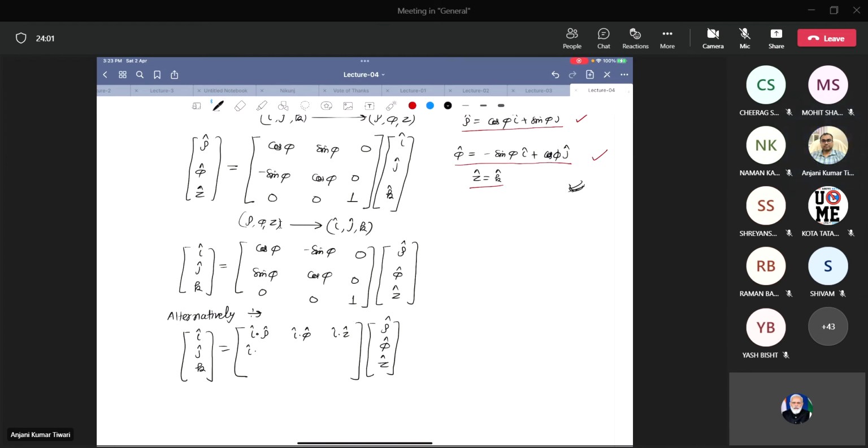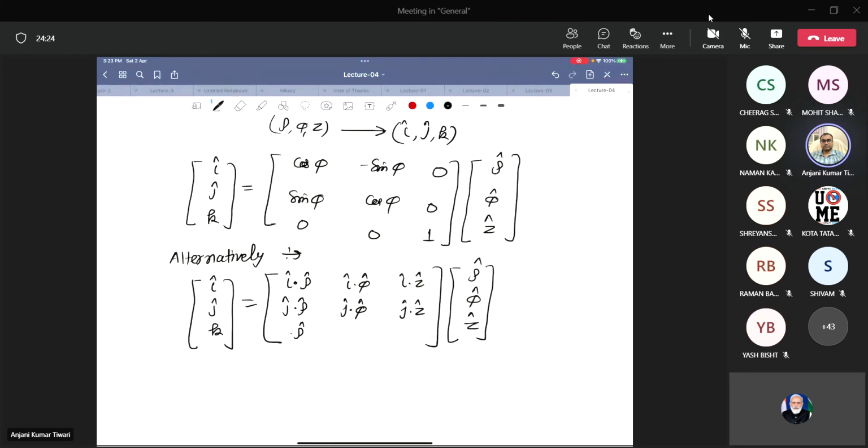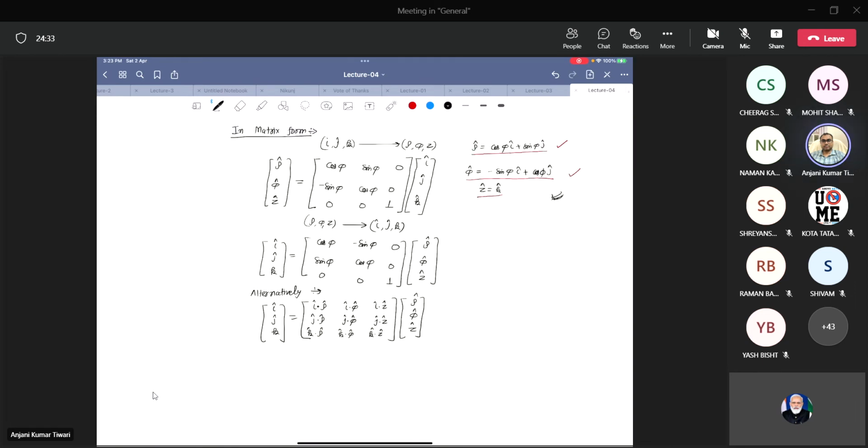This is the first row. Now the second row: j dot rho cap, j dot phi cap, j dot z cap. And the third row: k dot rho cap, k dot phi cap, and k dot z cap.